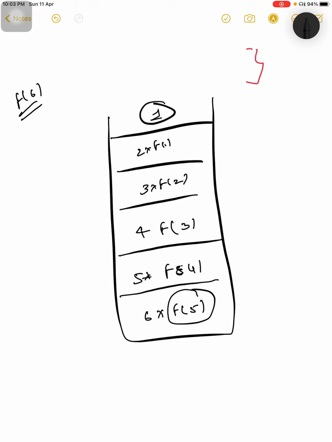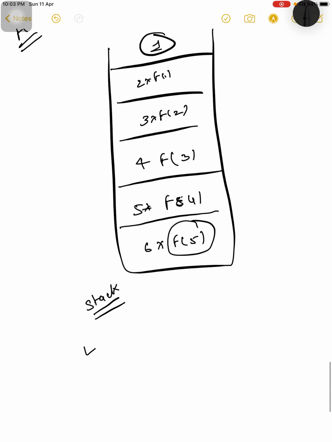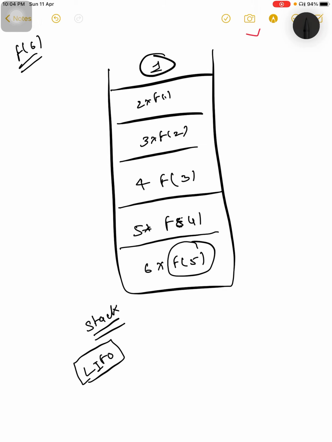One of the basic properties of a stack is LIFO. LIFO means last in, first out. So the function that is pushed in last will be executed first.